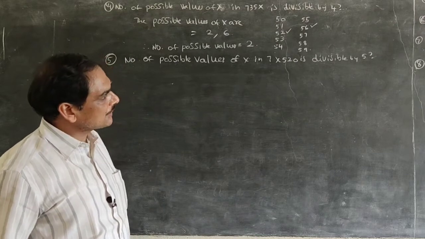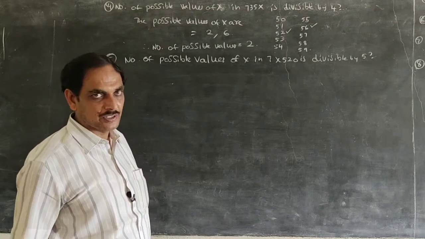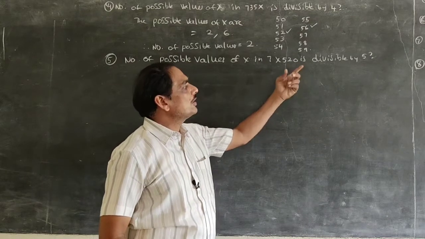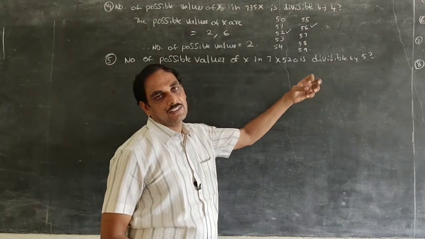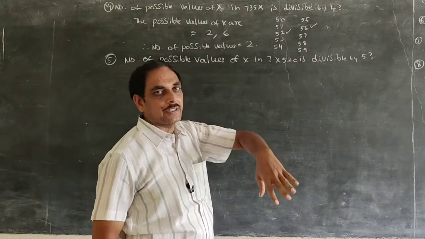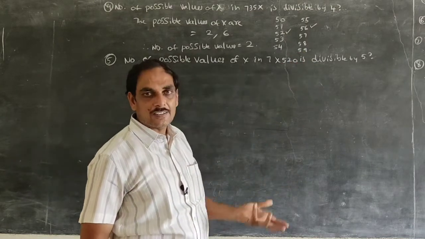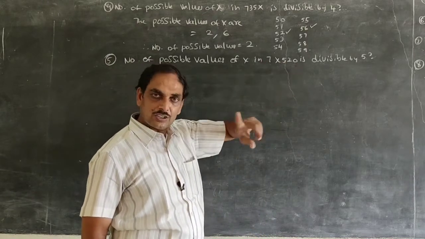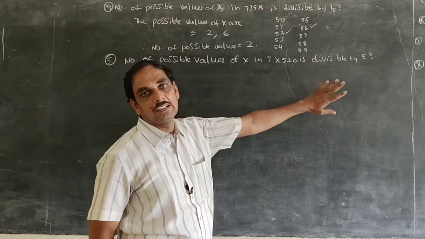So we know that this number is divisible by 5 since this number contains 0 in its units place. The divisibility rule for 5 is, if any number contains either 0 or 5 in its units place, then we say that it is divisible by 5. So here this number contains 0 in its units place, so it is divisible by 5.